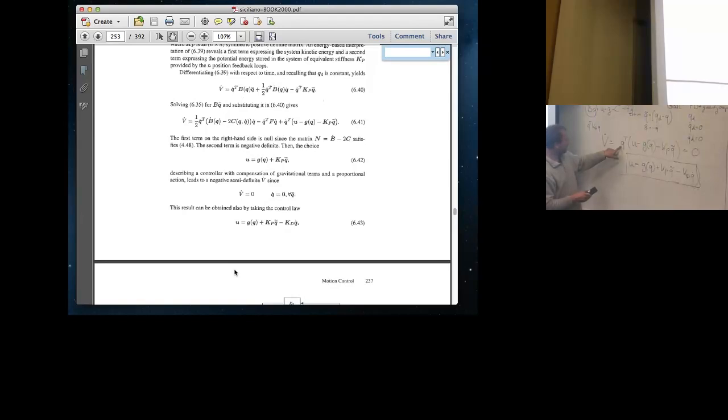Then you can see if you multiply this with Q and plug this control law in there, this term cancels, this term cancels, this one stays alive, and you get additionally a term Q dot transpose KD Q dot. That is strictly negative. And that basically proves that we are always going to be less than 0, and that means we go down to the bowl.